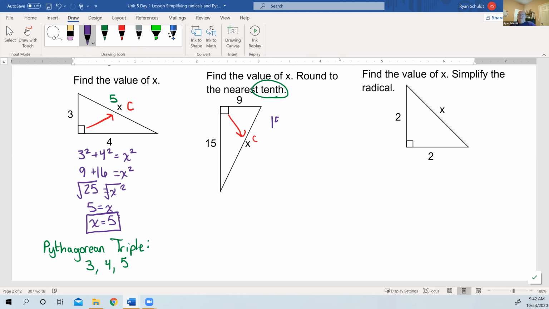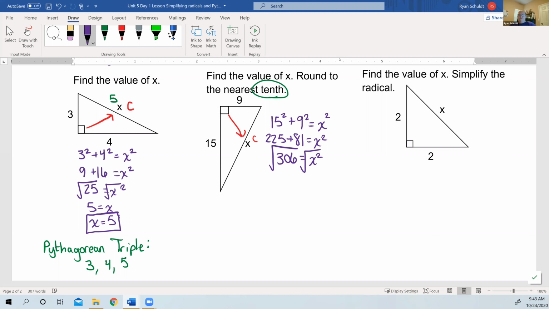So that means I have to do 15 squared plus 9 squared equals x squared. 15 squared is 225. 9 squared is 81. If I add these together, I'll get 306 equals x squared.